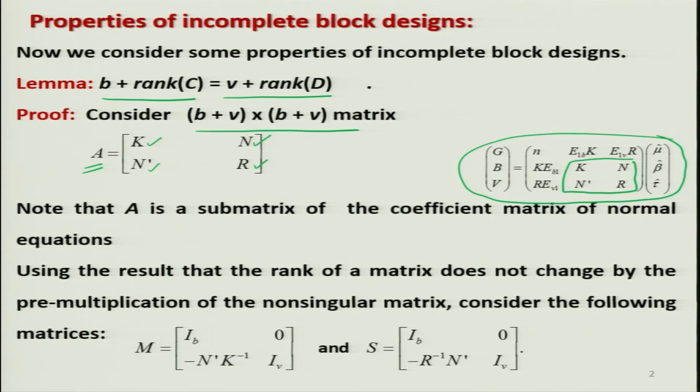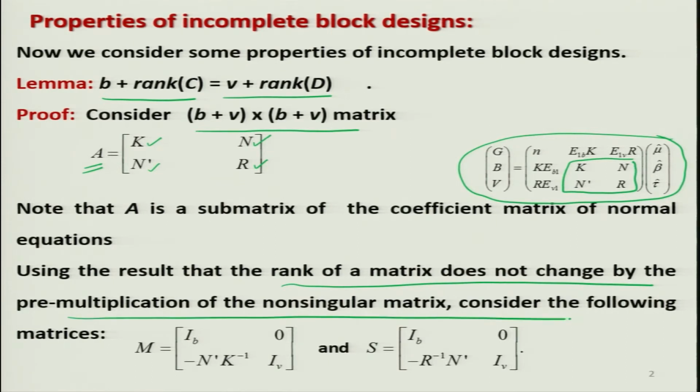Now we use a result from matrix theory that the rank of a matrix does not change by pre-multiplication by a non-singular matrix. So we consider two different non-singular matrices, M and S. M is given by an identity matrix of order b and an identity matrix of order v, with two other matrices in M and S respectively, and the other block is a null matrix.